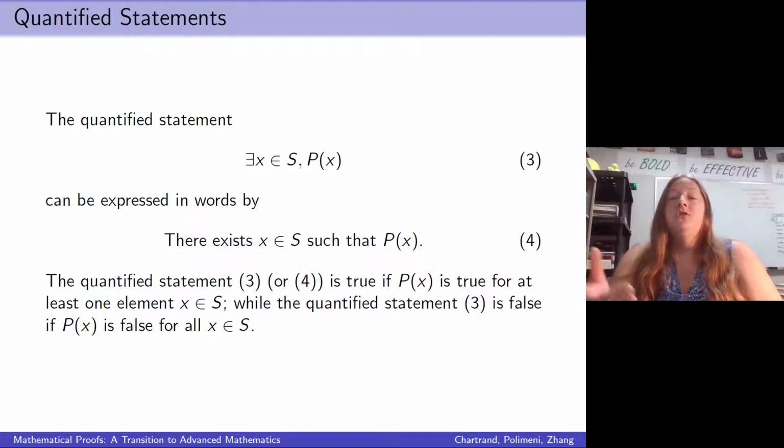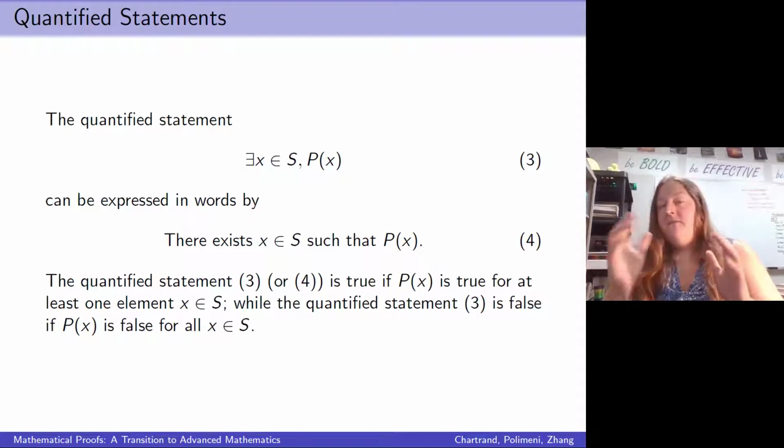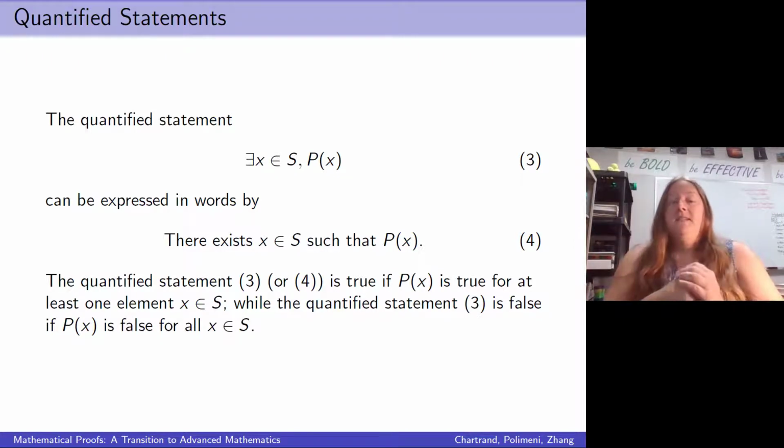This statement's true as long as there is at least one element in S such that P of x is true. There can be more than one. If there are no elements in S that make P of x true, then that quantified statement is false.